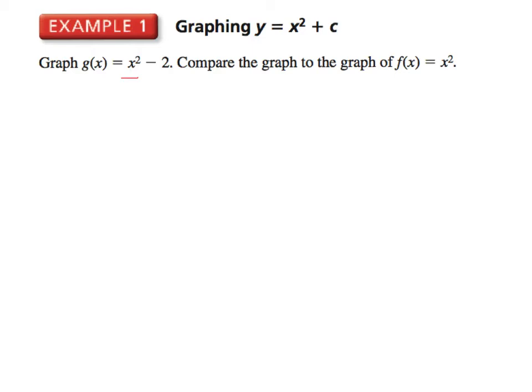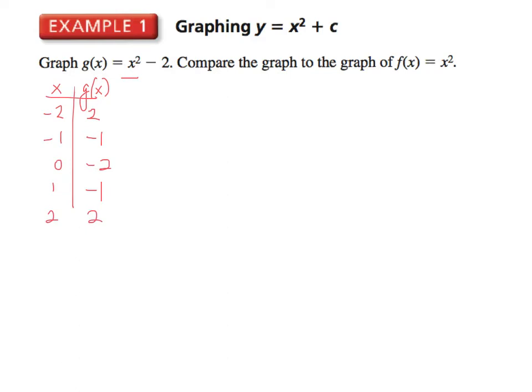So if you did make a table of values, x and g of x, if I plug in -2, -1, 0, 1, and 2, that'd be 4 minus 2, 1 minus 2, 0 minus 2, 1 minus 2, and 4 minus 2.